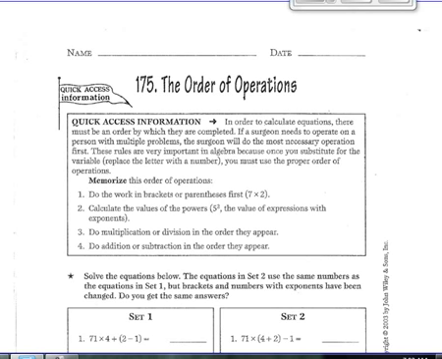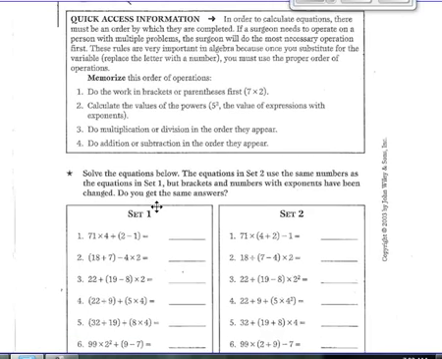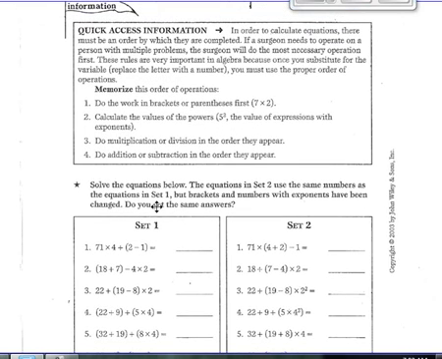Okay, the order of operations. Let's take a look at these. One of the ways that some of you have memorized how to do the order of operations was with PEMDAS.